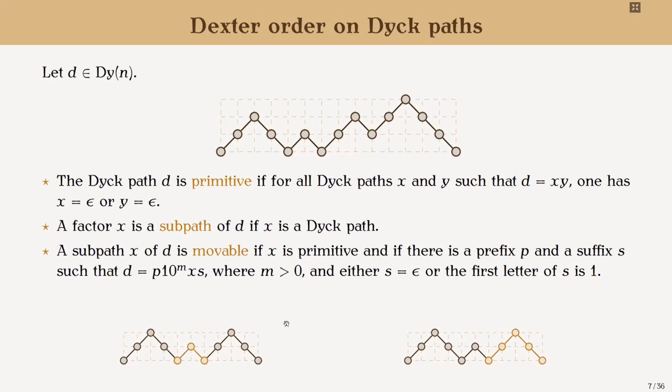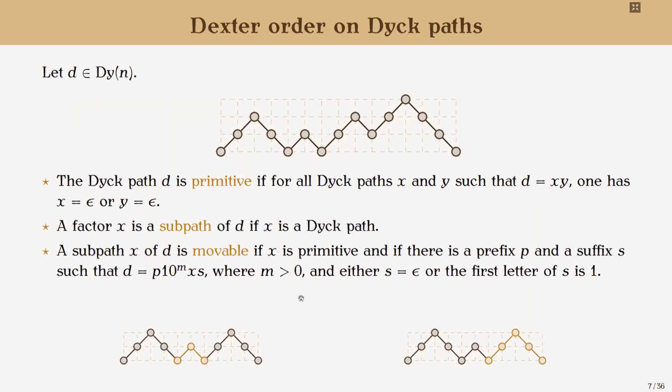In this example, I have a quick question. What does the notation 1, 0 to the m mean? Oh, it's 1, 0, m. The power m means that we have to repeat m times 0, where m has to be strictly positive. Okay, I see.